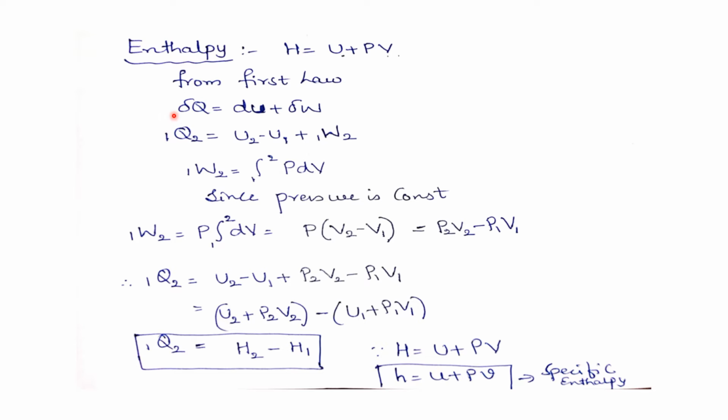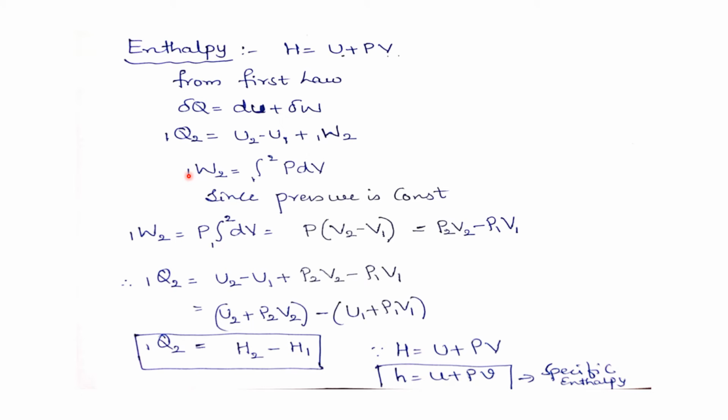So if it is integrated over the system, that is, a system changing from state 1 to state 2, 1Q2 is equal to dU, which is nothing but U2 minus U1, plus 1W2. That is the work done during the change in state, the system changing from state 1 to state 2.